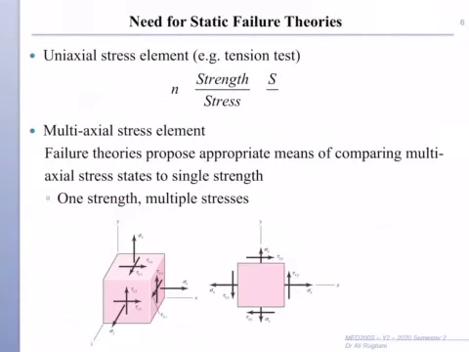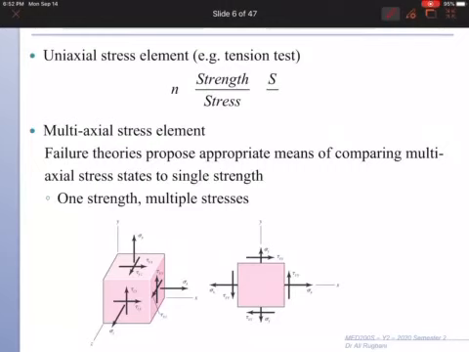Okay, so we need static failure theories to study failure. In the previous lecture, you learned how to calculate stress, and stress can be calculated in perpendicular axes. So let's say sigma x and sigma y and sigma z, with also shear stress.